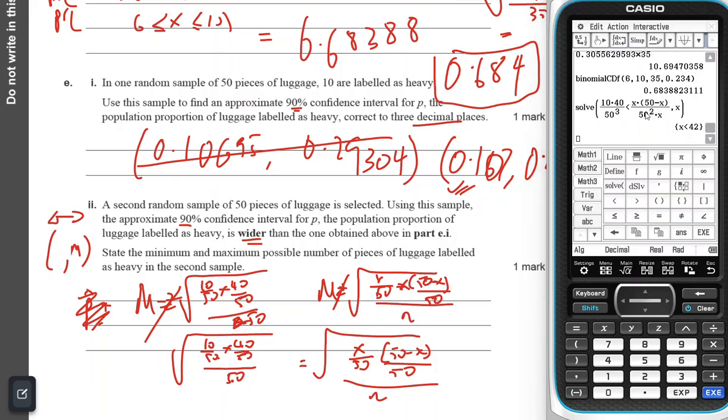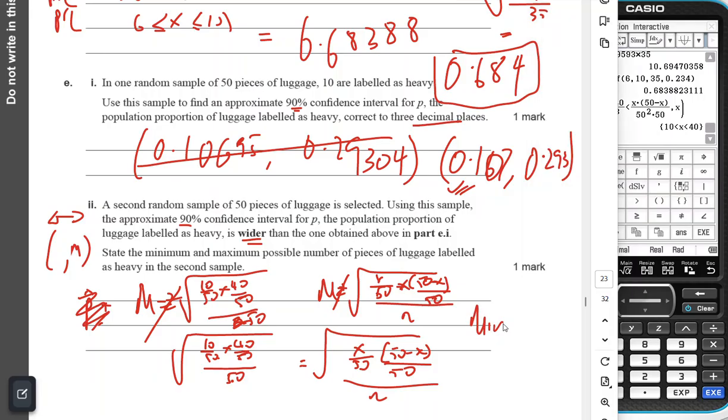Sorry, x is my unknown, that's also 50, because I know my sample is 50. So I want to go from 10 to 40, but not inclusive of 10. Therefore, the minimum is 11 and the maximum can be 39 for that to be the case.